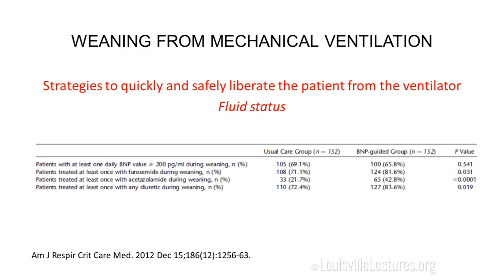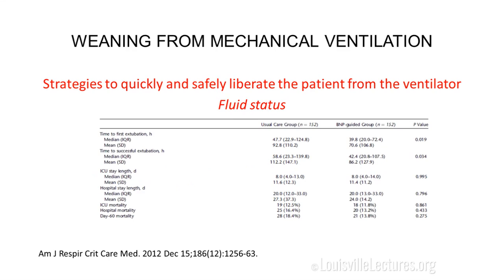So this is just to show that patients who were in the experimental group got treated more times with furosemide. Patients treated at least once with furosemide during weaning: the percentage here was 81% versus 71% in the control group.